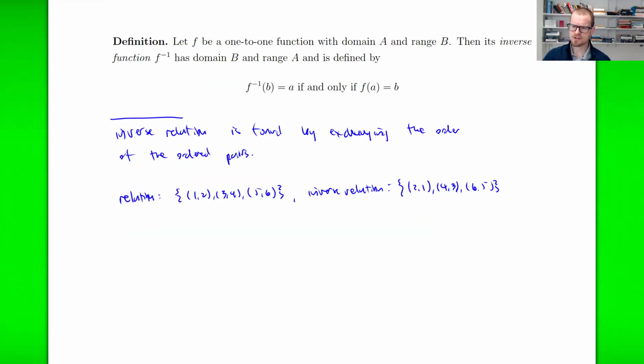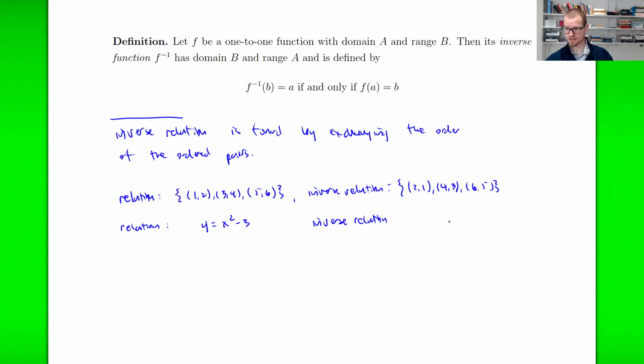We could also consider the relation given by the equation y equals x squared minus 3, for example. The inverse relation, right? If we exchanged the entries in our ordered pairs, first entry is x, second entry is y, then what we're doing is we're exchanging the x and y coordinates.